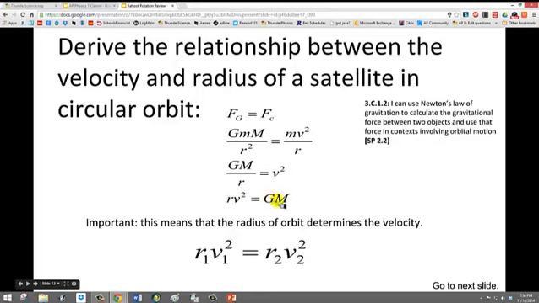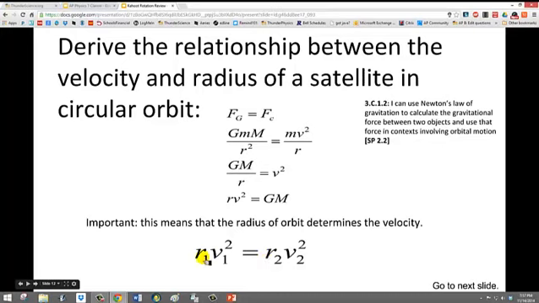Because these two are constants, for any radius r1, there will be a very specific velocity, v1 squared, that would equal some value GM, which would be a constant on any particular planet. Since that constant is going to be the same, if I change the radius to some value r2, I would get a new velocity v2.